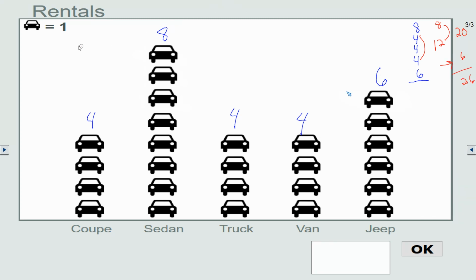So remember, the mean is equal to total divided by, and put a G for groups, okay? So the total was 26. Now how many groups?